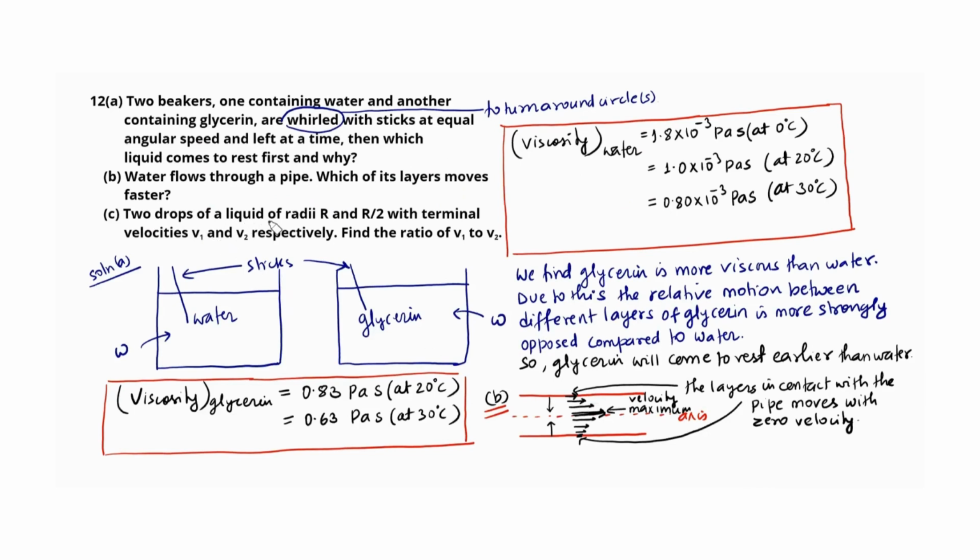Now, question 12c. Two drops of liquid of radii R and R/2 have terminal velocities V1 and V2 respectively. Find the ratio of V1 to V2.